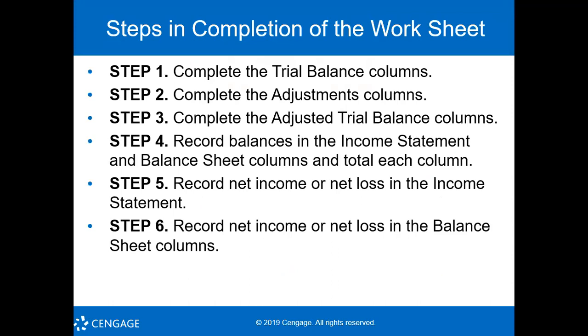Okay. So again, completing this worksheet, and we kind of looked at this with the example of the worksheet. First, we have to come up with those trial balance columns, right? Fill in those trial balance columns. And then we do our adjusting entries, and we complete the adjustment columns. Once we have all of our adjustments, then we can update the balances in the adjusted trial balance columns.